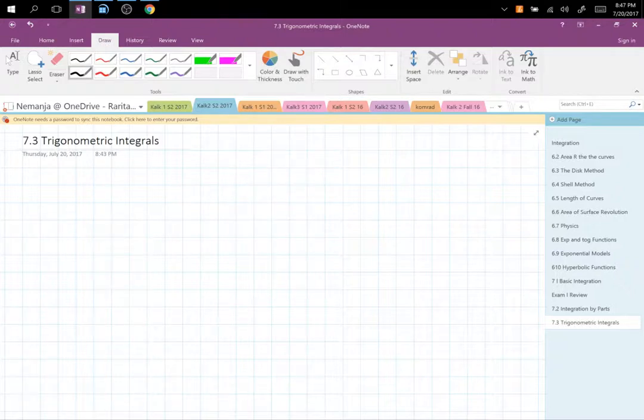You are supposed to memorize trigonometric pairs for calculus, and you are supposed to know basic integrals and derivatives for trig functions. And you're supposed to know a whole bunch of trig identities already.